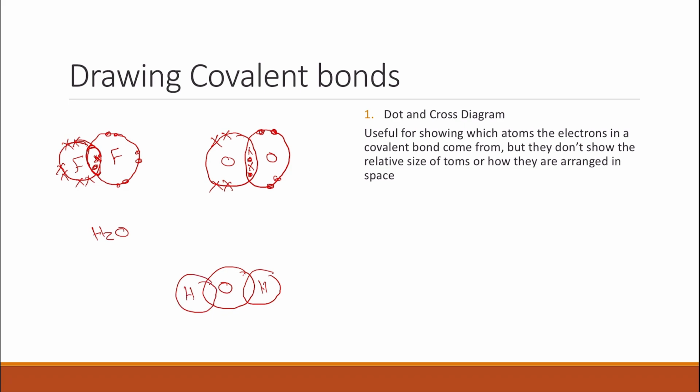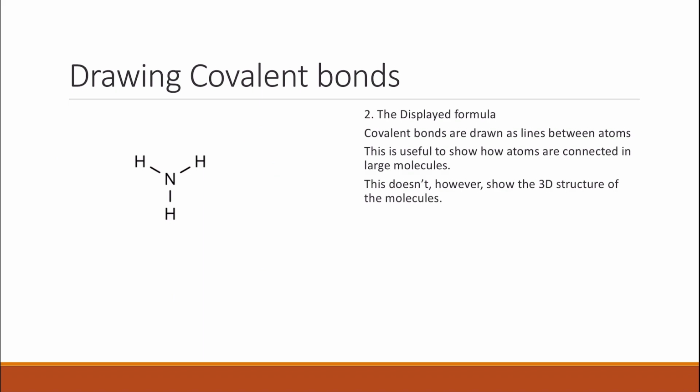The hydrogen has only 1 electron and it's going to share it, so the hydrogen is the cross on both sides. And then the oxygen will have 6 electrons, 4 unshared like this, and then 1 shared with each hydrogen. So that means that the oxygen will have 1 covalent bond with 1 hydrogen and another covalent bond with the other hydrogen. So this is how to draw the water molecule.